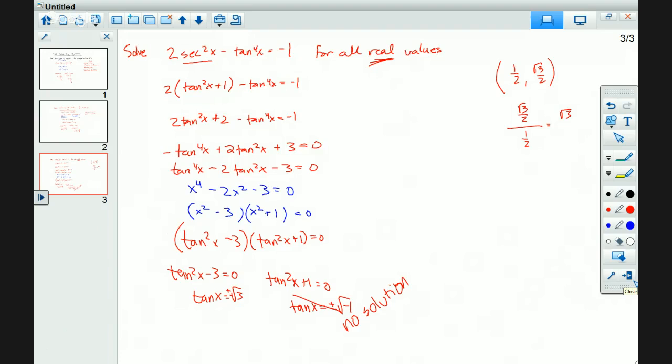Remember, it's the y's over the x's. So you want a partner where the x is 1/2 and the y is root 3 over 2. You could do any sign combination here too, because it's positive or negative. So we should have 4 answers. What are they?